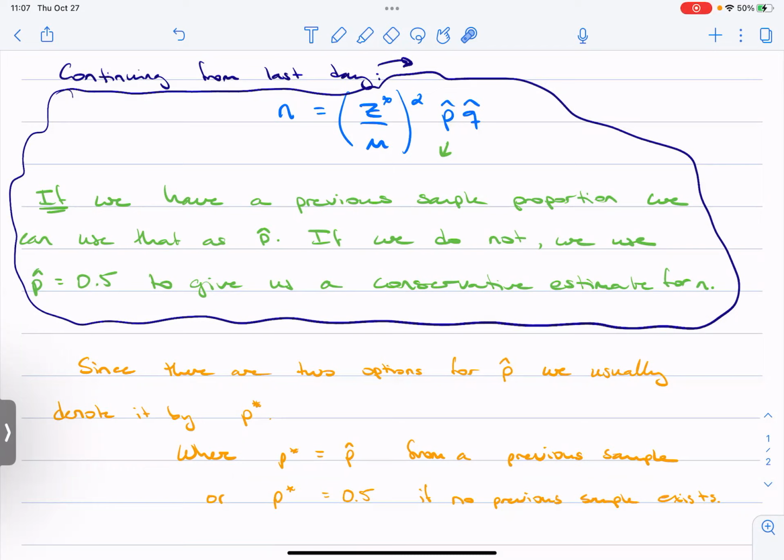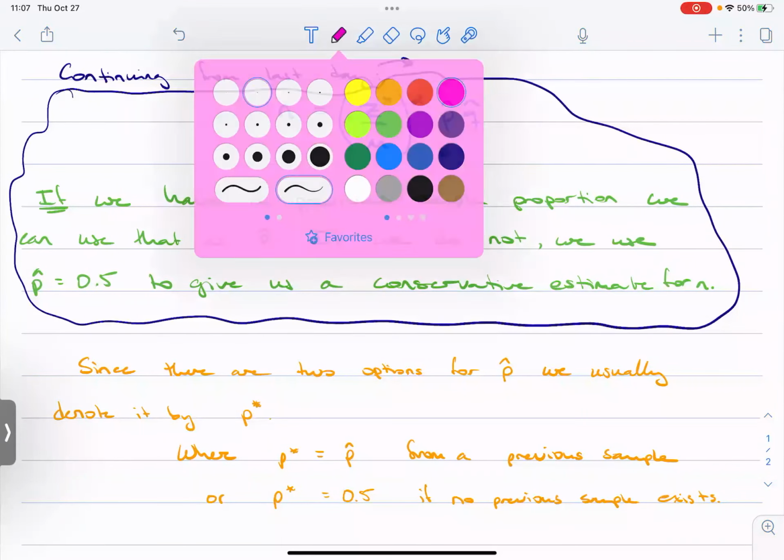The reason is that we did this calculation trying to achieve this margin of error. A smaller margin of error is good, but a larger one than we wanted initially is bad. If you decrease your sample size, if you lower it, then your m is going to increase just slightly, and that's bad. So that's why we always round up.